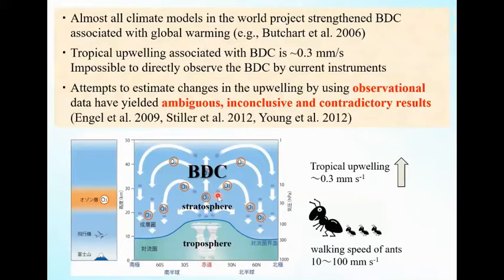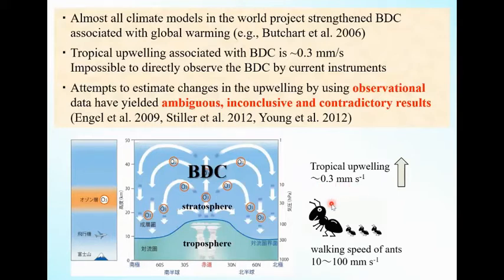This is very well known because almost all climate models in the world project a strengthened Brewer-Dobson circulation associated with global warming. So this is simulation, but we have to know the real atmosphere. But you know that the Brewer-Dobson circulation speed is about 0.3 millimeters per second.